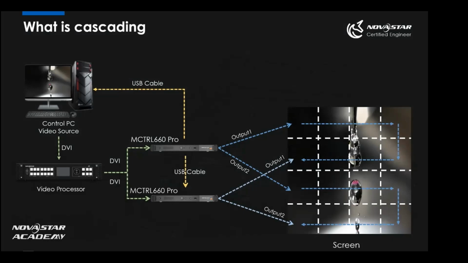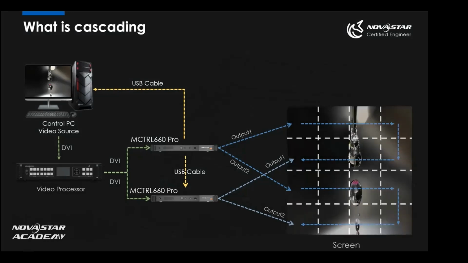Let's say this is a basic structure of the LED control system. We can say there has a control PC. It provides the video source to the video processor, and the video processor will give the signal to the sending card. And finally, the sending card will give the signal by Ethernet cable. And finally, the LED screen will show the image.